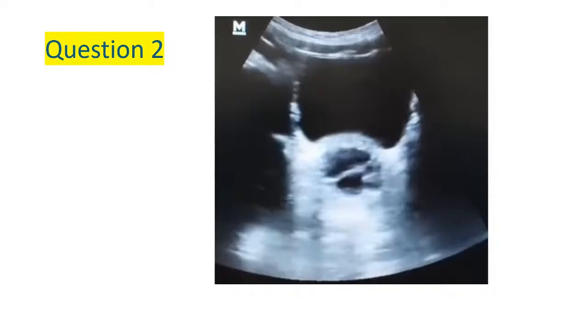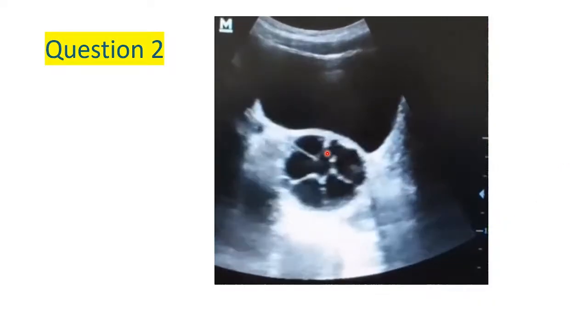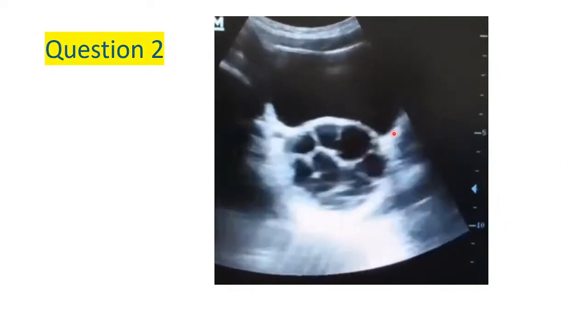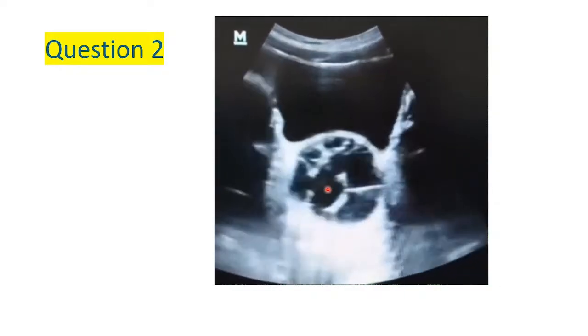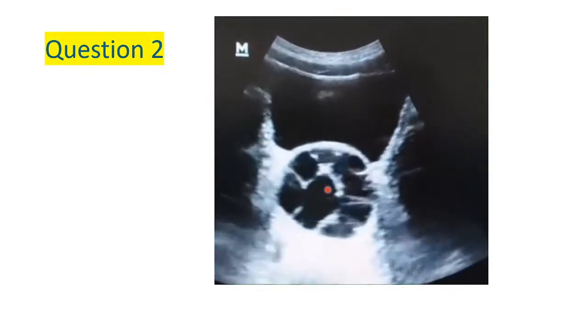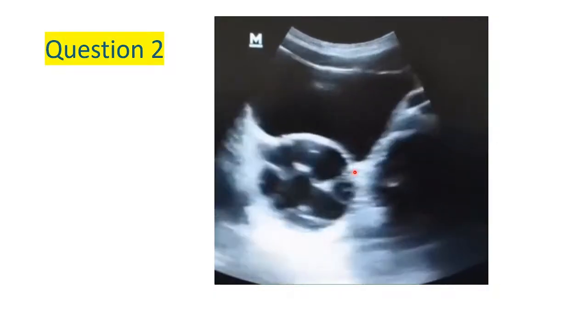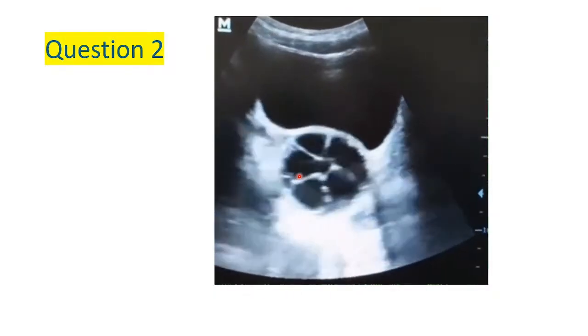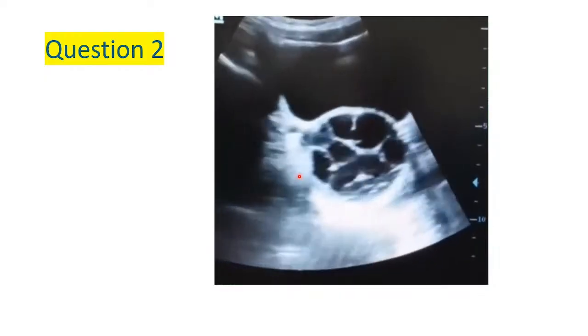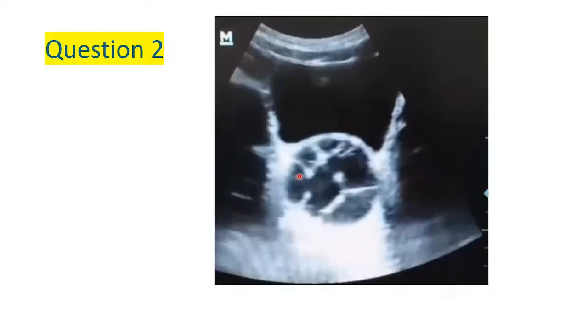So question number 2, you can see we have an ovary here, and you can see there are multiple septated cysts there, and you can't see the stroma of the ovary. It's very difficult for you to differentiate the stroma from the rest of the ovary.